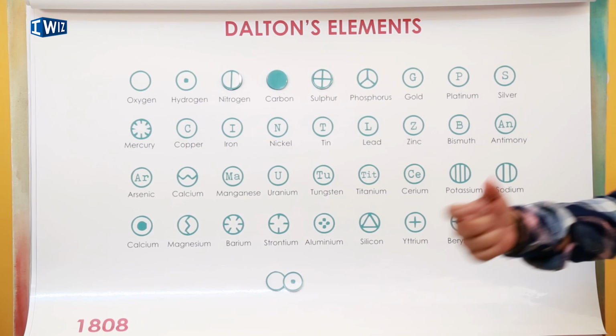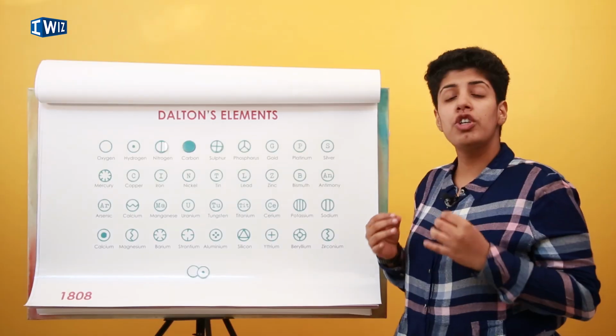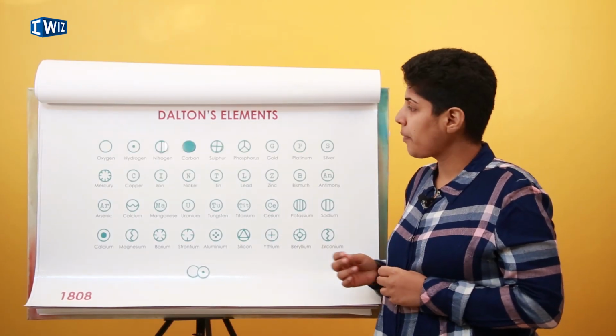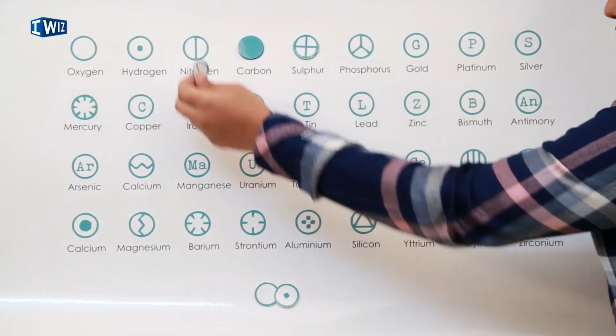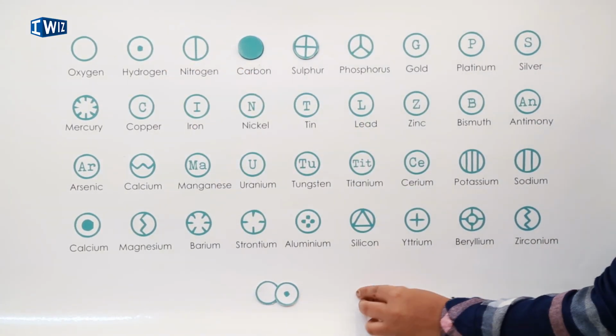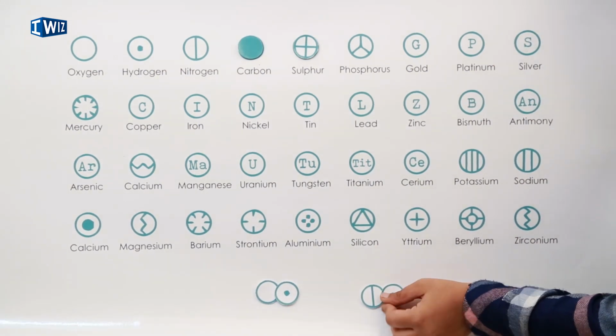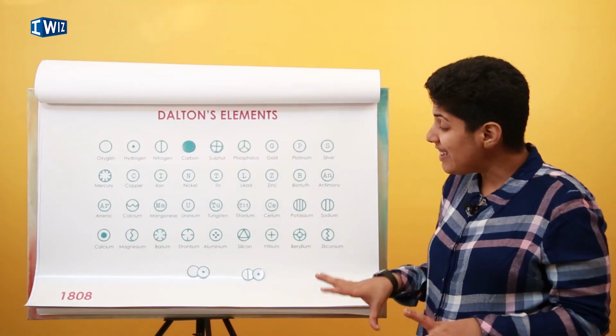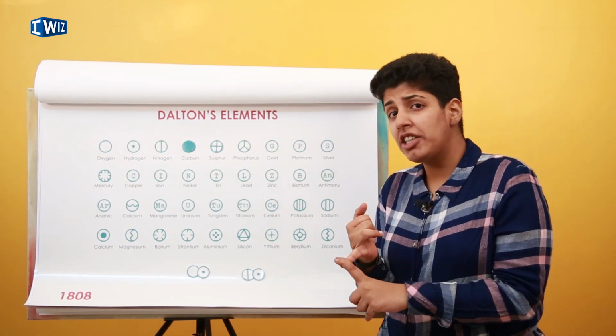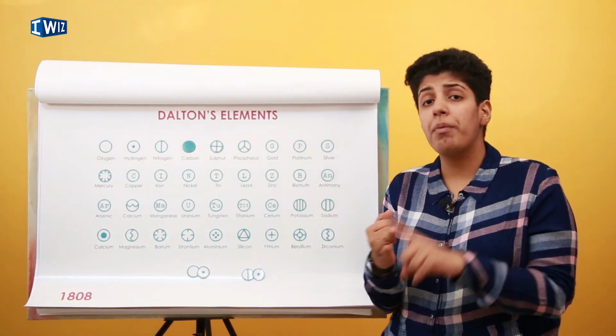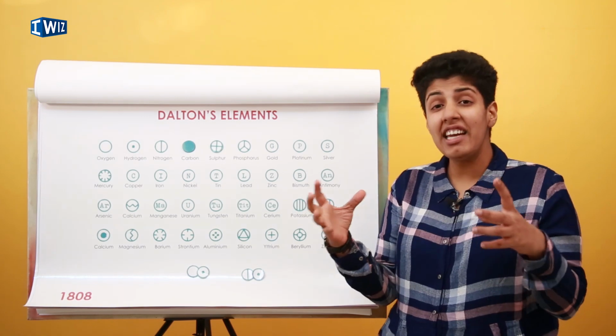According to him, we had one oxygen and one hydrogen to give you one molecule of water. That is what he believed. One nitrogen will combine with exactly one hydrogen to give you ammonia. Now, get this, he did not know the atomic weights of these. He did not know in what proportion they combine, but he had a good enough sense.